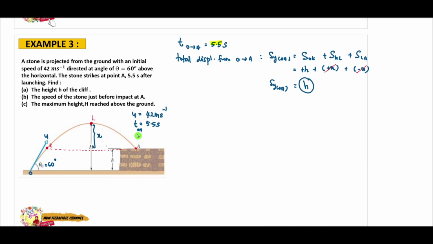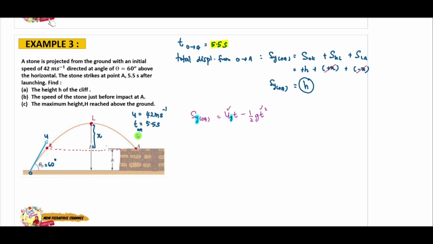So, by using the time taken to travel from O to A, which is 5.5 seconds, saya akan tulis formula SY for the whole journey equal to UYT minus half GT squared. Okay, so saya ingatkan bila you tengah buat berkenaan dengan vertical direction ataupun Y component, labelkan sebagai Y. Okay, so now kita ada T, tapi kita lupa lagi untuk kira UY.